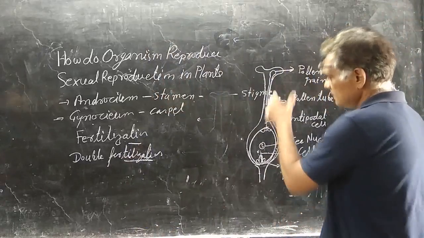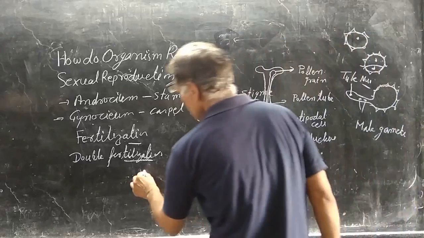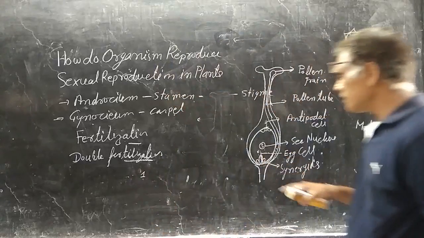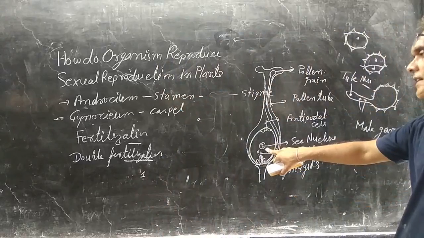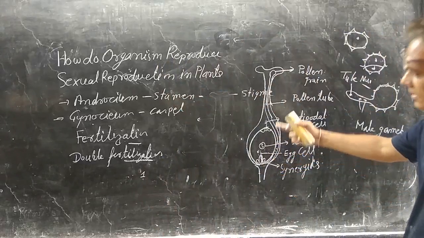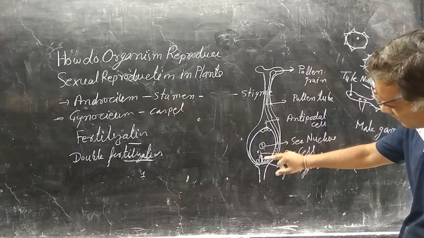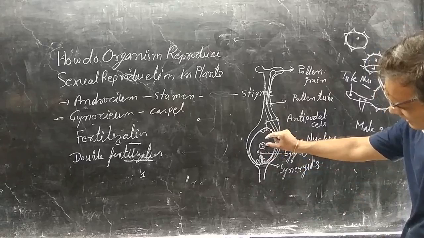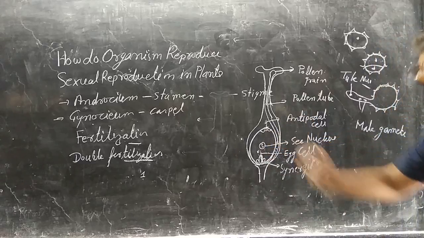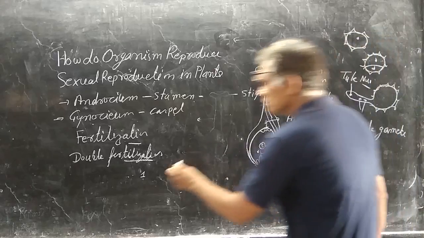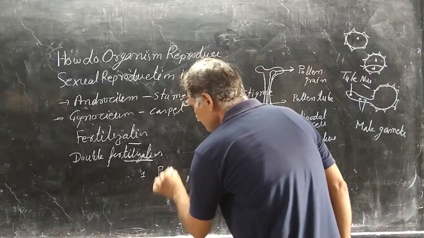If we see inside the carpel or inside the ovary, these two nuclei are there. These two nuclei come from both the polar sides. One migrates from this side, one from this side, and they come to the center and join together. So these two nuclei are known as polar nuclei.